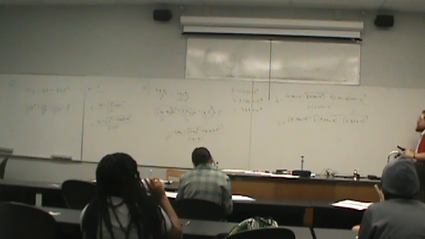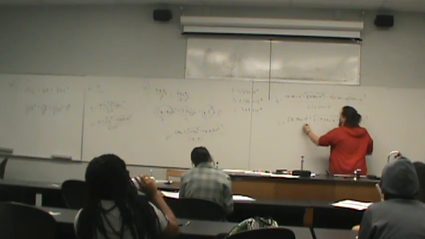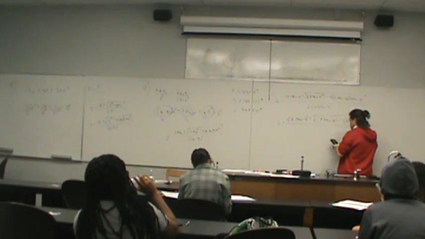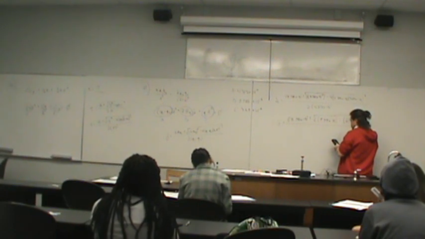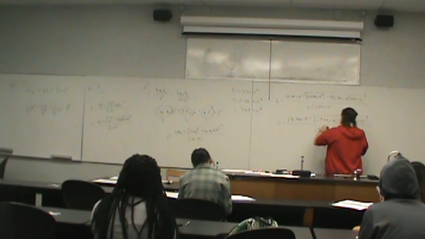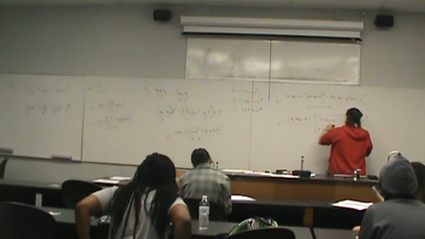Okay. And then that's the end of the square root part. That's all over 2 times A, and 2 times 4.315 E negative 16 is going to give us 8.63 times 10 to the negative 16.